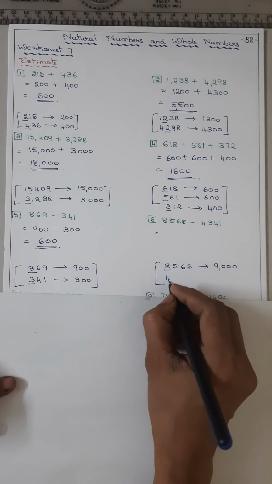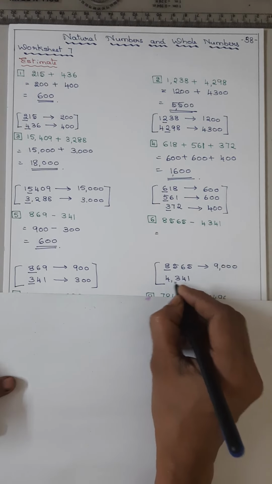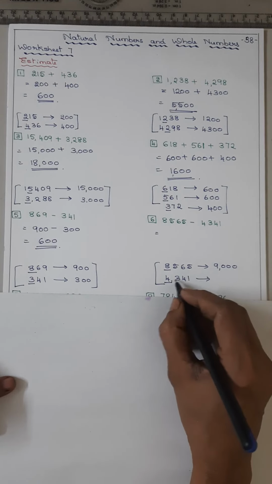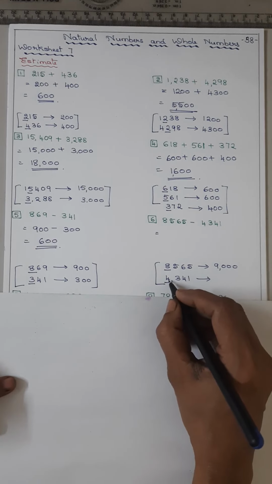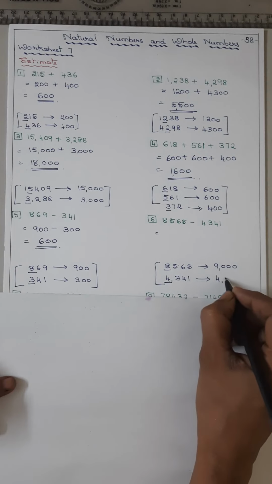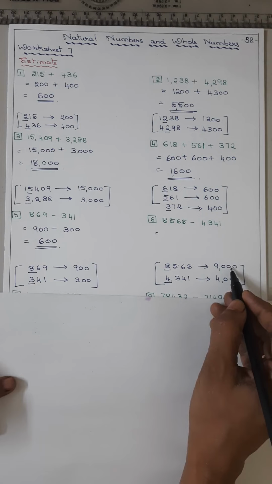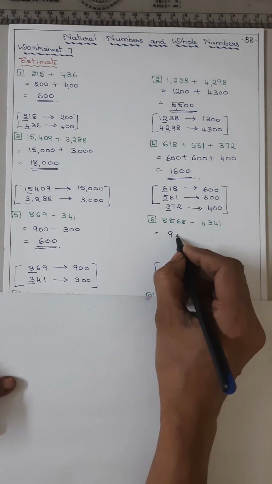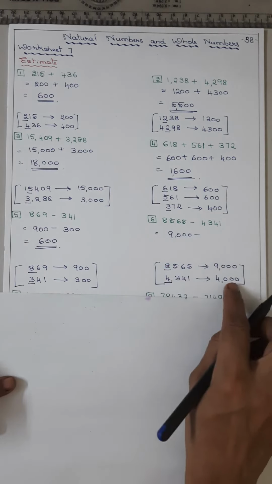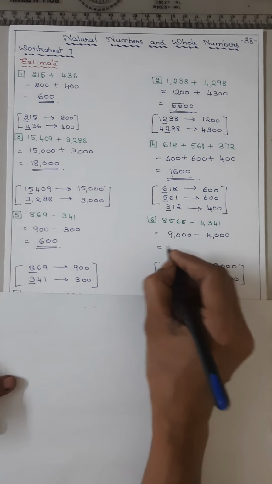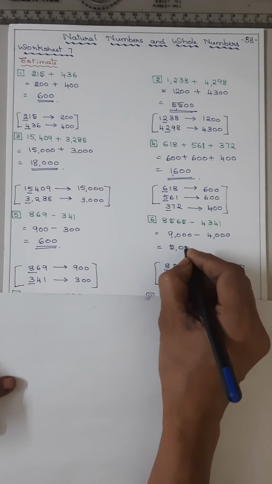And 4341, underline 4 in the thousands place, to the right it is 3, so it will remain the same, that is 4000. Now put the values. First it is 9000 and next it is 4000. 9000 minus 4000 is 5000.